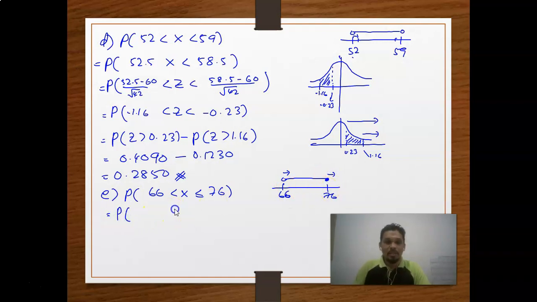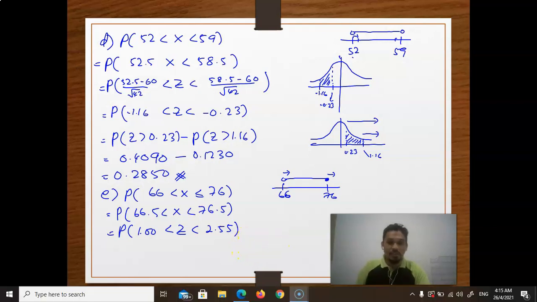So it is 66 plus 0.5, 66.5, and this one 76.5. Taking the standardization step gives you 1.00 and 2.55. I gave the answer straight from my notes here.